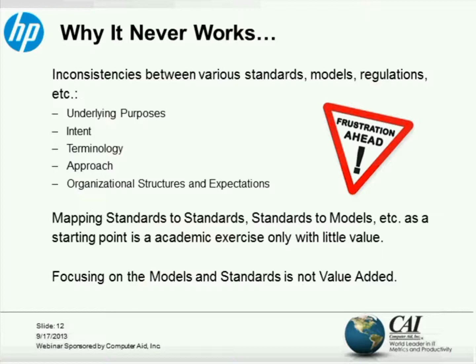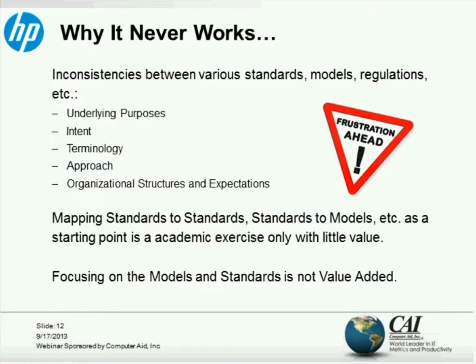And as we see, in many cases, the devil is in the details. That's really where the problems occur when you start to apply these different models and standards in the same organization and focus on those models and standards first. Then what happens is you run into brick walls.